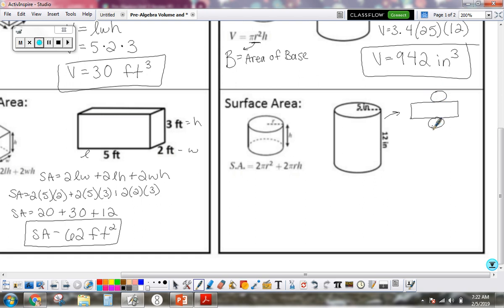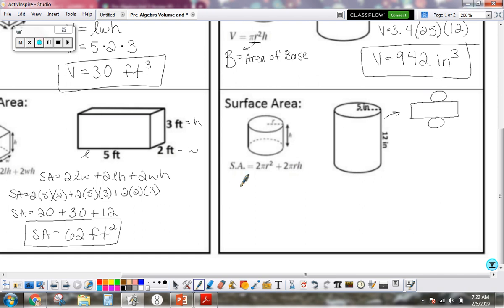Now, to find the area of the rectangle, the circumference of the circle is the same distance as this. So that's where the 2 pi r comes from. Okay, so the area of this, we find the length by using the circumference of the circle times the height. All right, so that's just where these numbers are coming from. So 2 areas of that circle plus the circumference of the circle times the height.